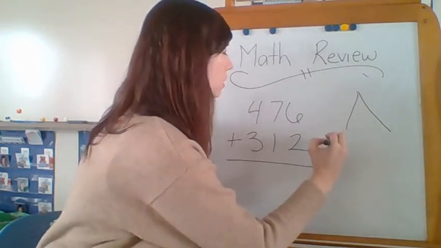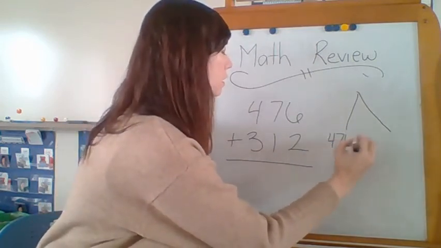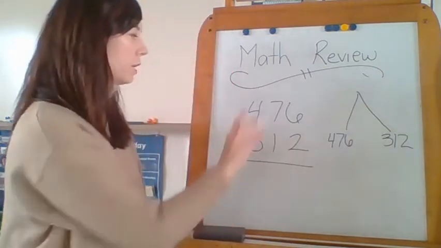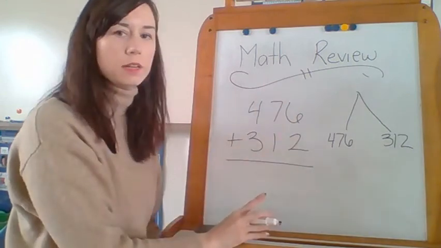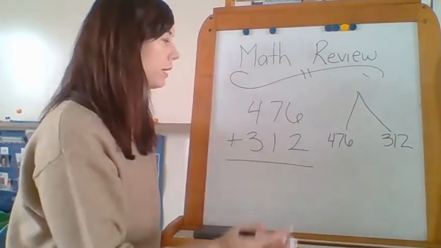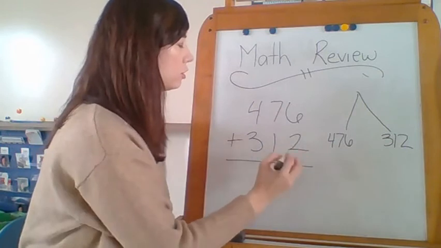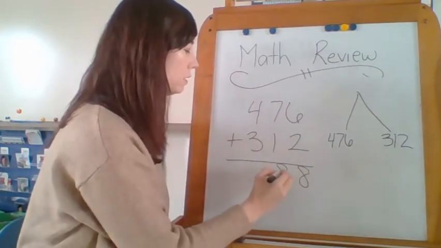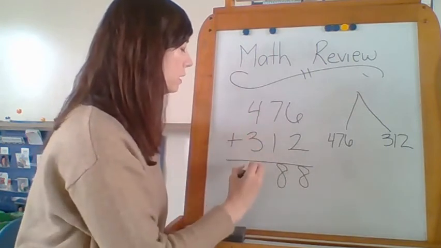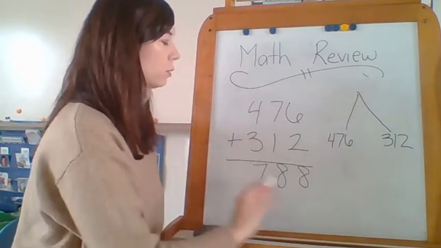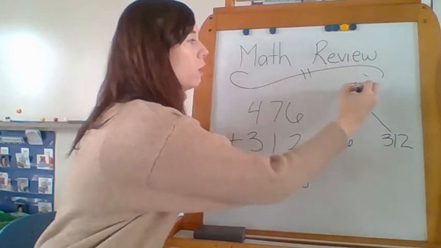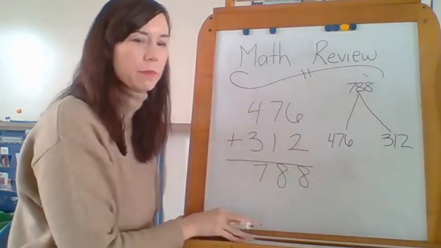So let me just put this here, 476, 312. Okay, I'm going to find this answer, and then I'm going to check my answer. 6 plus 2 is 8. 7 plus 1 is also 8. And 4 plus 3 is 7. Okay, so here's my answer. The answer then would go on the top of my Math Mountain.